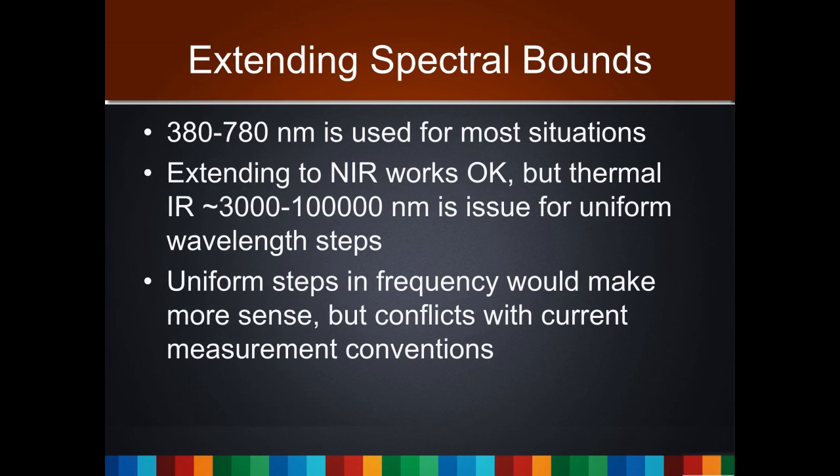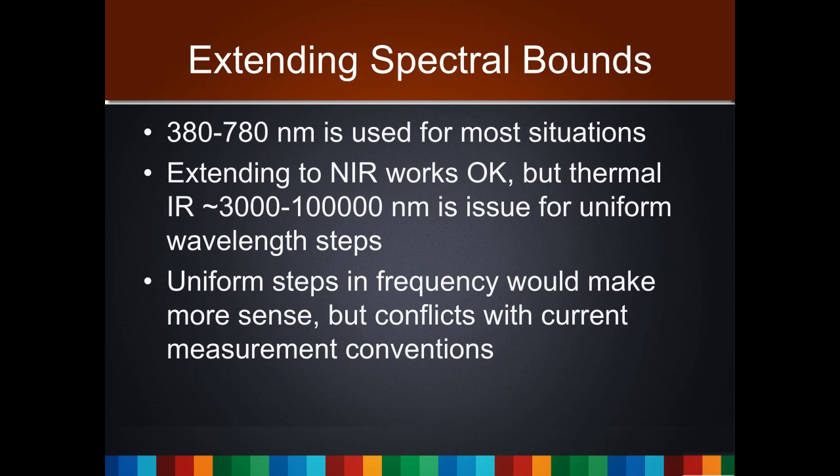So we discussed earlier with Robert and David about extending the spectral bounds. In all these examples, we are essentially doing 380 to 780. Extending that to the near infrared works fine, but once you're in the thermal IR, that's in the 3,000 to 100,000 nanometer range, which is really hard to balance with a uniform step size.